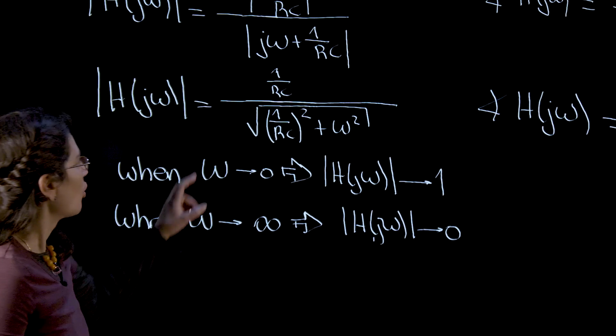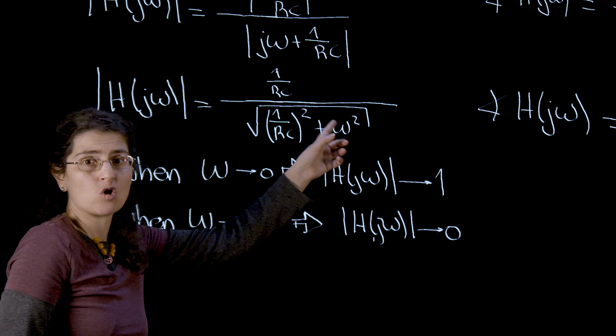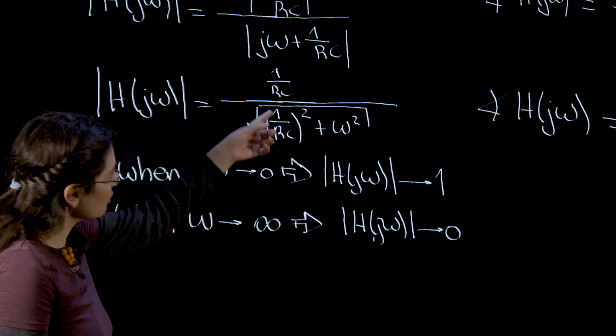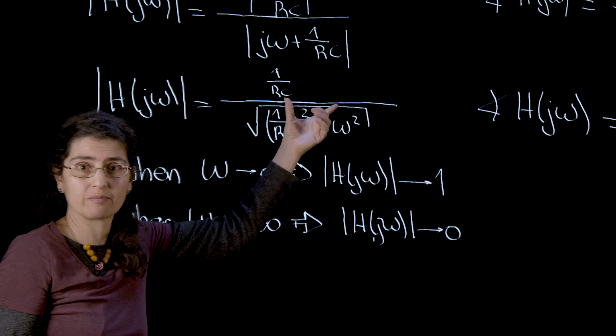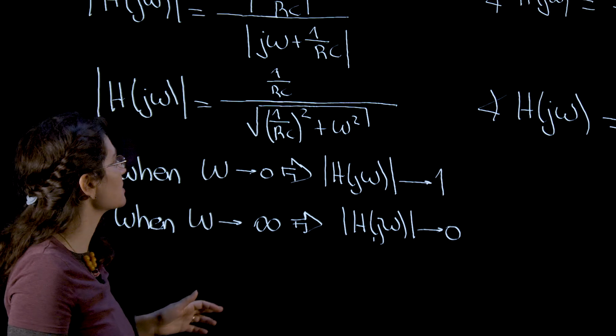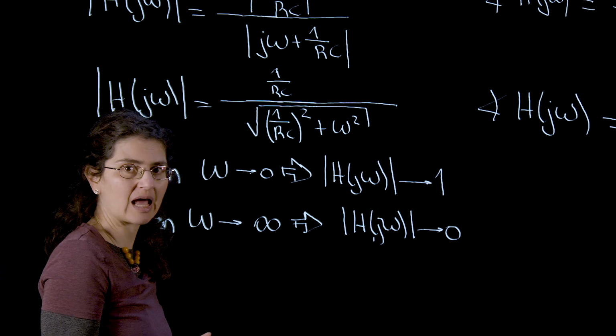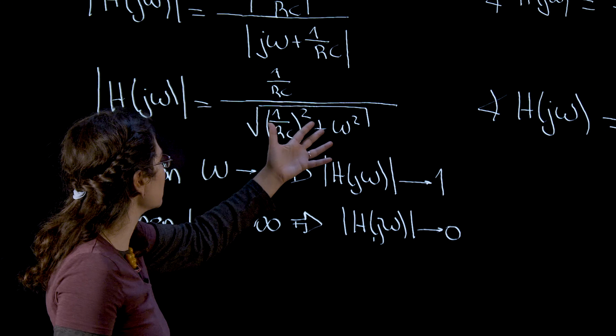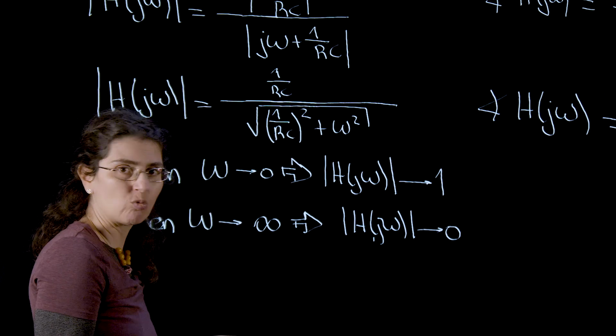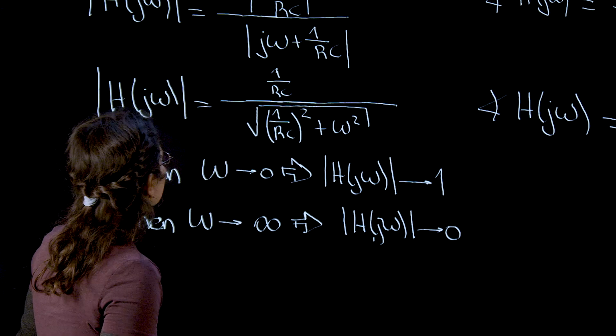And now I want to see what happens when our frequency is 1 over RC, which is the pole of my transfer function. We talked about that last time, and it's interesting to see what happens there. So I'm going to substitute omega by 1 over RC to see what happens.